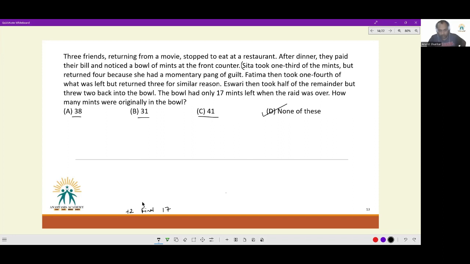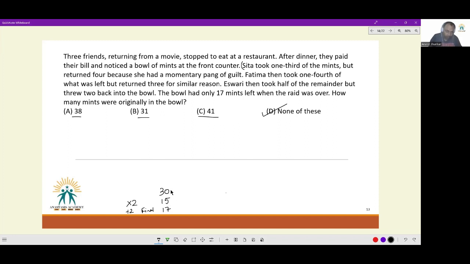So prior to this, there will be 15 mints. And when were 15 mints left? When Ishwari had taken half, then 15 were left. Which means prior to Ishwari throwing back 2, there must have been 30 mints left. Because if half is taken out, then 15 is left.